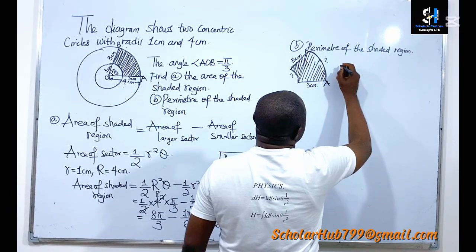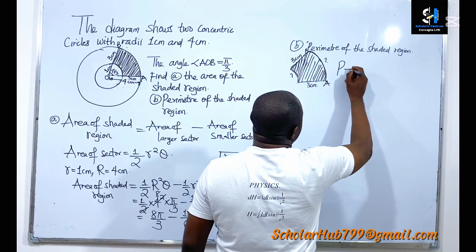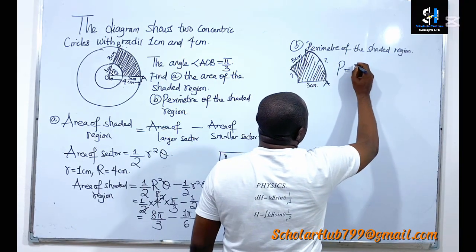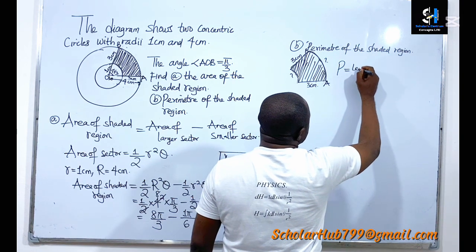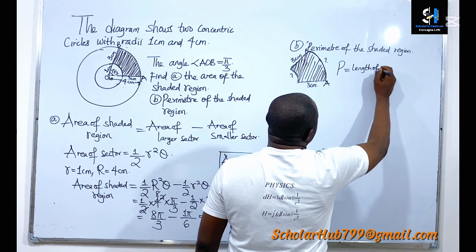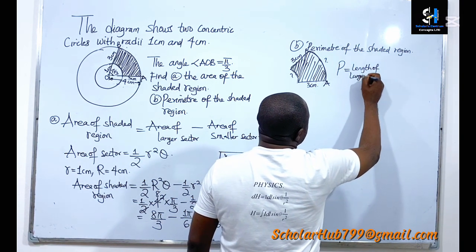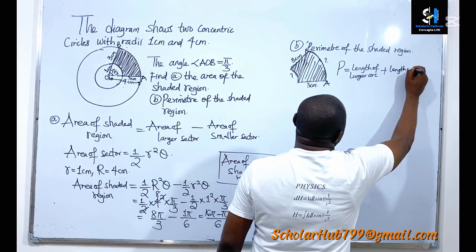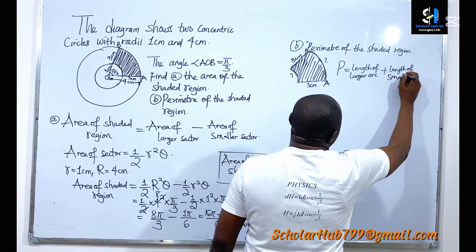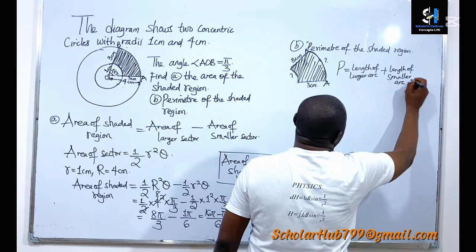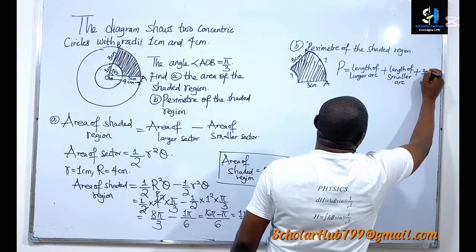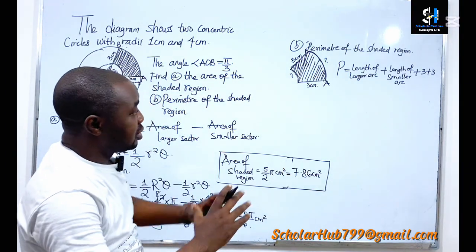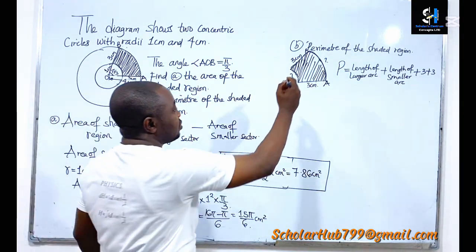So the perimeter will be equal to the length of the larger arc plus the length of the smaller arc plus 3 plus 3. That will be the perimeter of the shaded region.